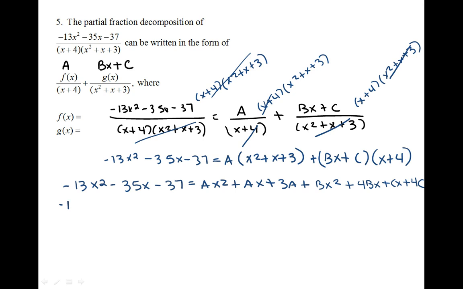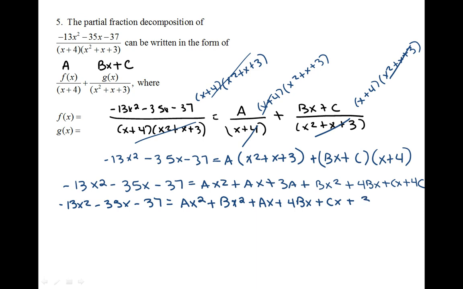So I have negative 13x squared minus 35x minus 37 equals, let's group our x squared terms, which is ax squared plus bx squared, and then group your x terms. So you have an ax plus 4bx plus cx, and group your constant terms, which is 3a plus 4c.